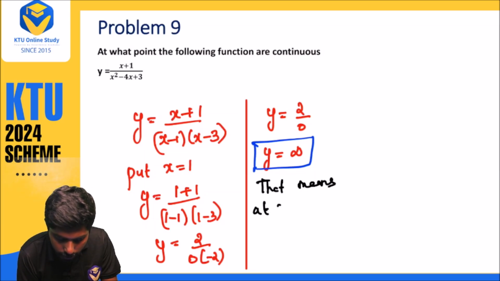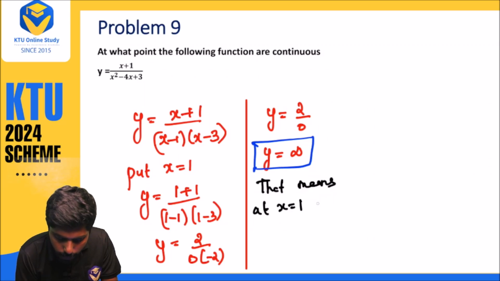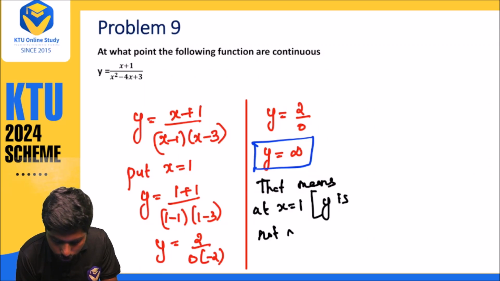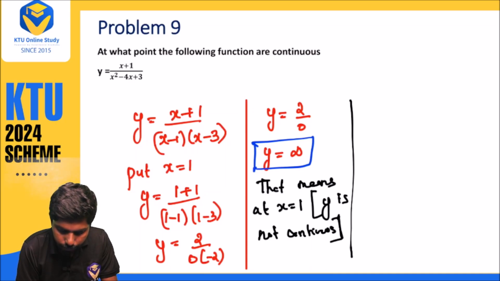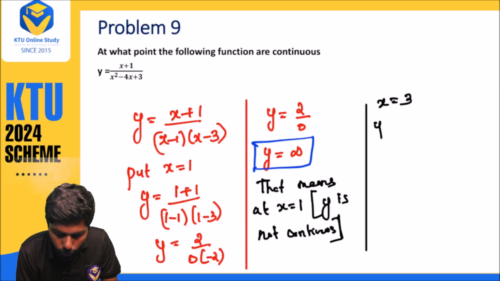That means at x is equal to 1, y is not continuous. Similarly, when I put x is equal to 3, y is equal to 3 plus 1 divided by 3 minus 1 into 3 minus 3.